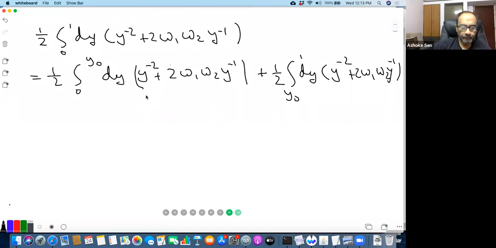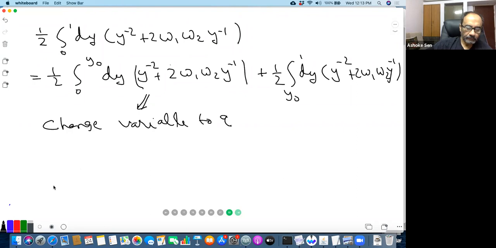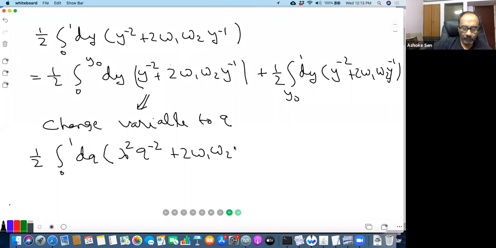And here you change variable to q. And basically you will end up with half integral 0 to 1 dq. In fact, the first terms are the same, lambda square q to the minus 2. Then you get 2 omega 1 omega 2 q inverse plus finite terms, order q0 and higher.